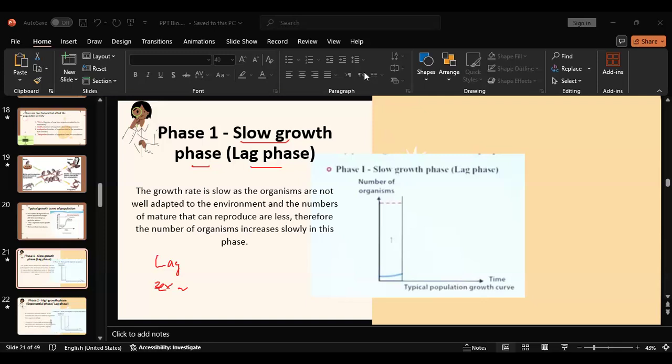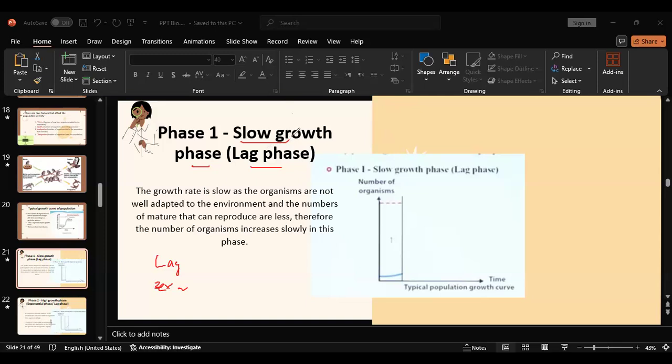For example, take the early human population being introduced to a particular geographical area. At that time there was a lack of medicine and no other technologies.